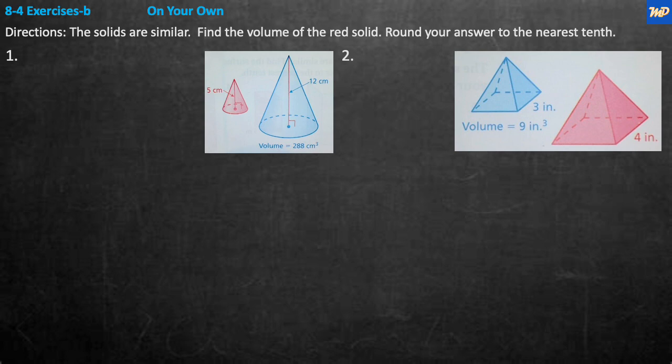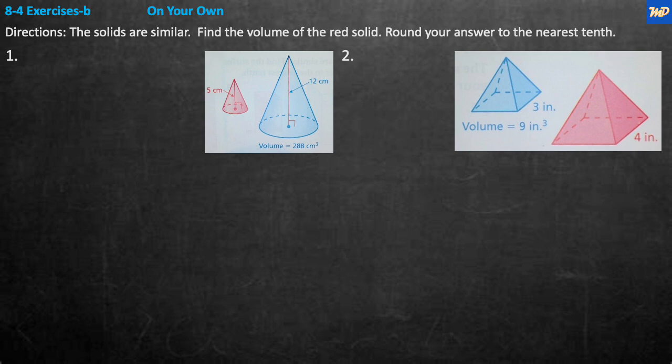Okay, I'm sure you've had time to do that. So let's go ahead and take a look at it. So what did the ratio say? It said that the volume of one over the volume of the other is equal to the ratio of some corresponding element or piece of it cubed. Well, they're giving us the height, so we know where the ratio is coming from.